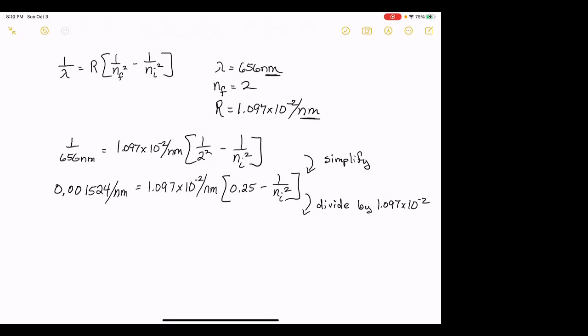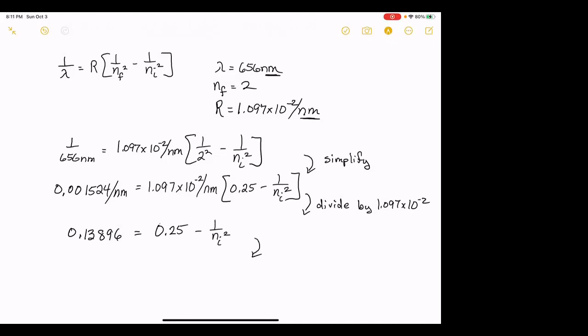That becomes 0.13896, and the units go away at this point, equal to 0.25 minus 1 over n sub i squared.